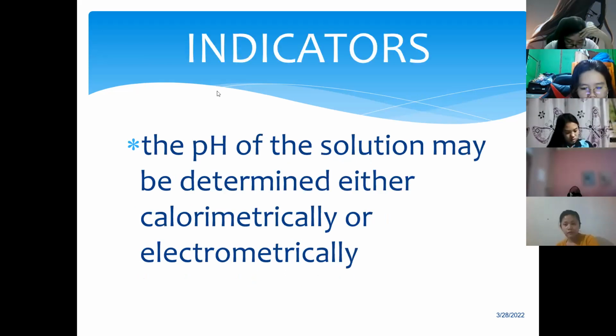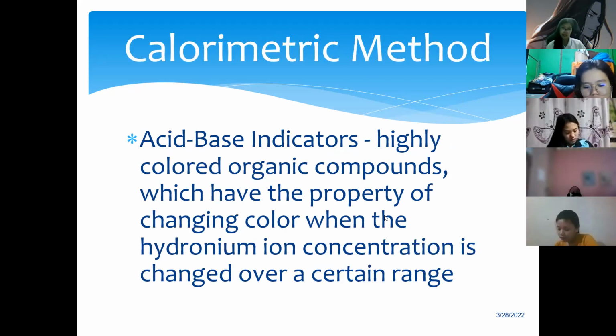Now we have here the indicators. When you say indicators, we use this class to determine either colorimetrically or electrometrically the pH of the solution. So in the titration process, I think we defined terms for titration and one of them is the acid-base indicator.